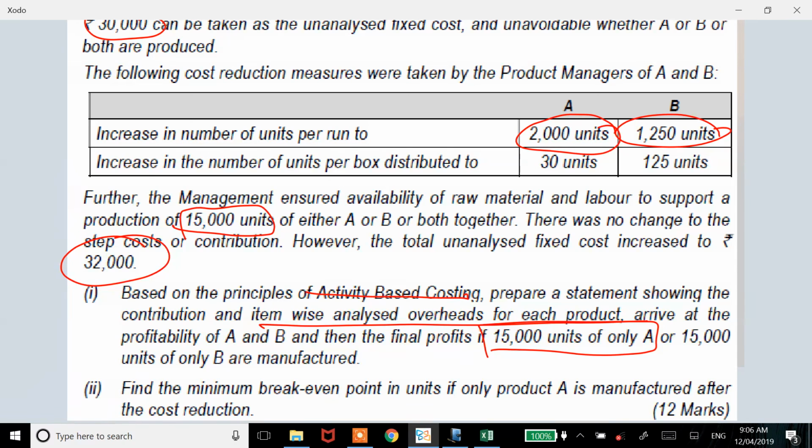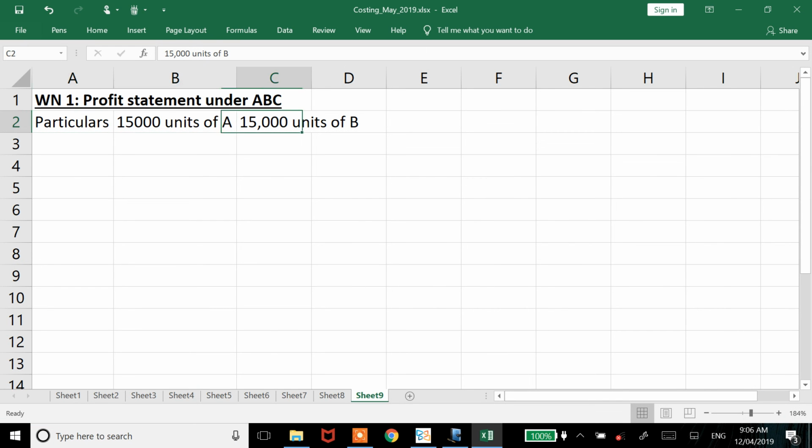So two scenarios. In one scenario I manufacture 15,000 of A. In the second scenario I manufacture 15,000 of B. In case they want us to fix what combination to follow, I have to go back to limiting factor analysis, so you'll learn that later on. Based on the limiting factor, I'll decide what combination to follow.